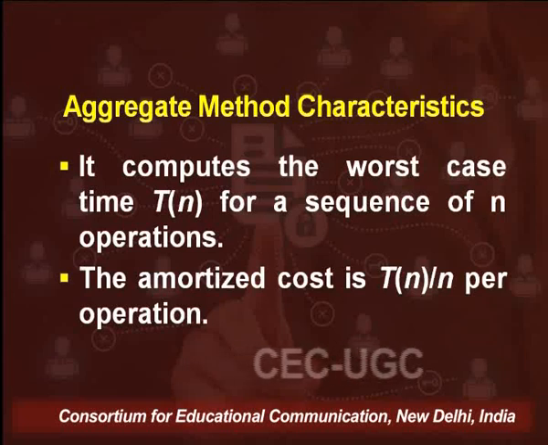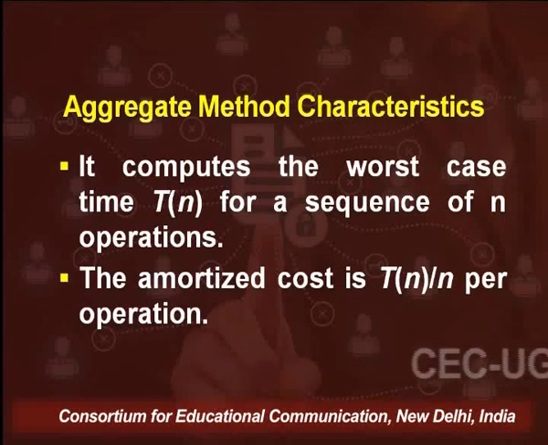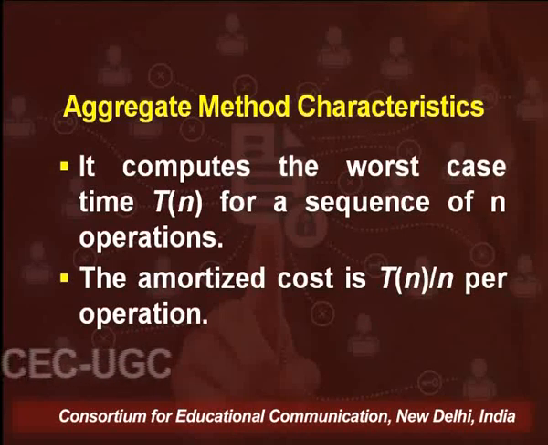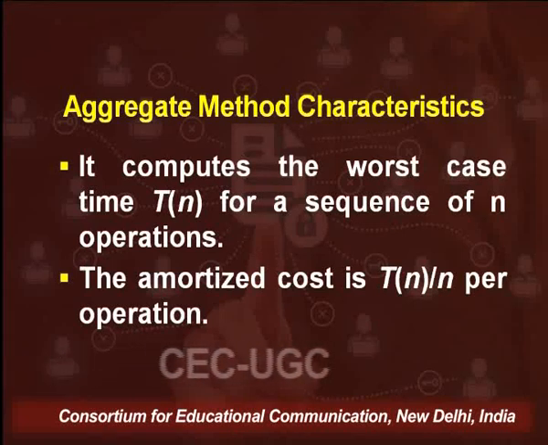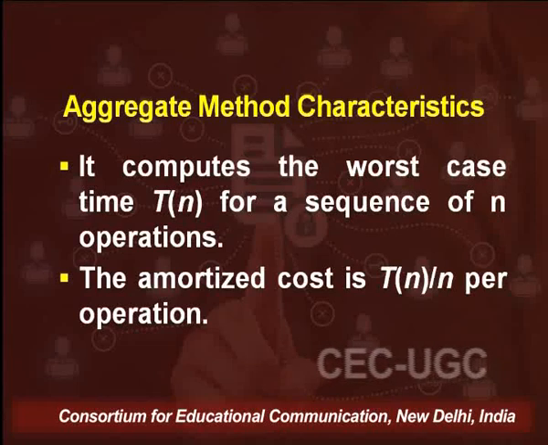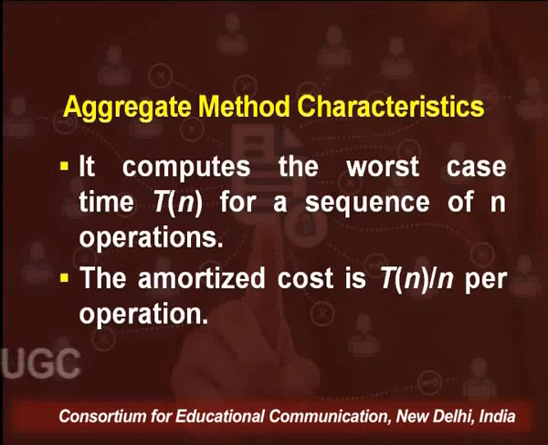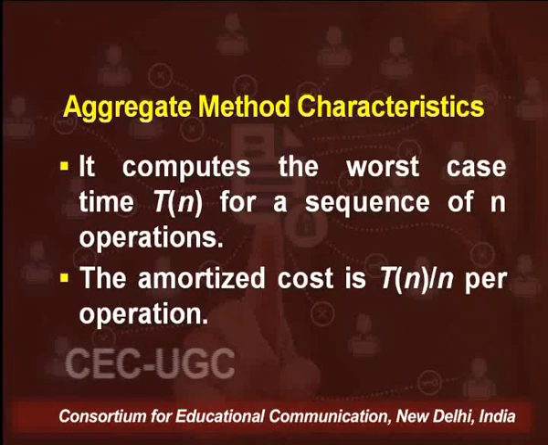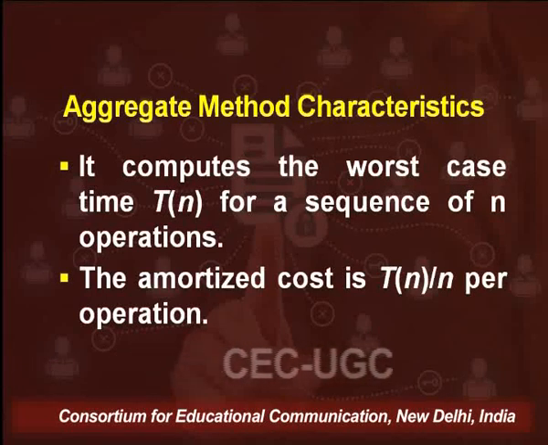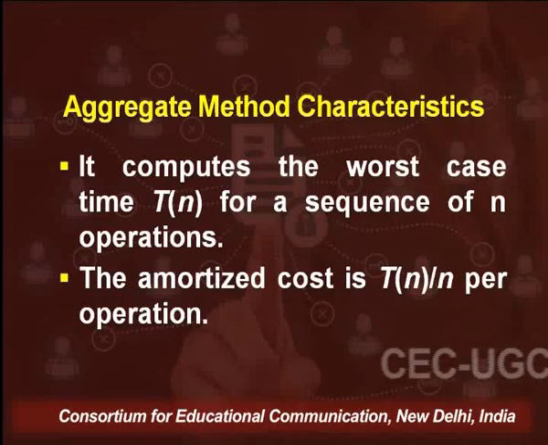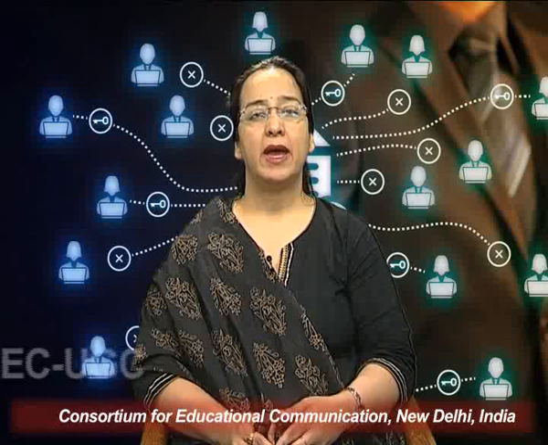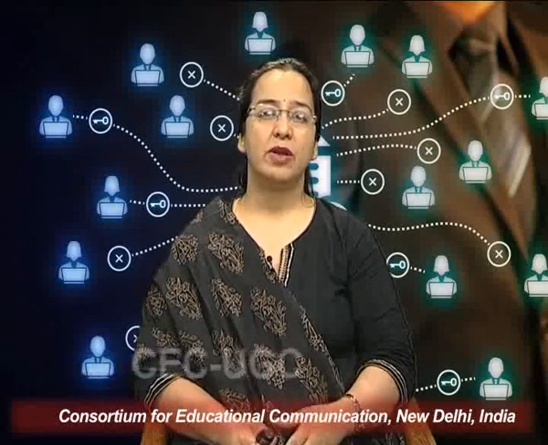So let us say we have a sequence of n operations and the worst case time for that sequence is Tn; the aggregate method is going to calculate this Tn. This cost is then averaged out per operation by dividing Tn by n, so the amortized cost will be Tn divided by n per operation.